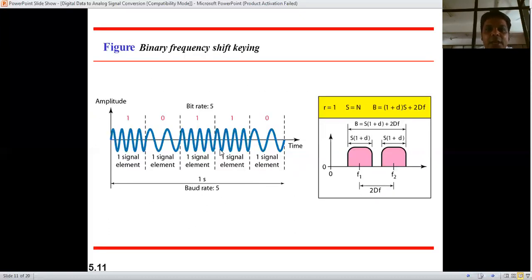Here you can see that in frequency shift keying we are also multiplexing a carrier frequency with the original digital signal, and the result will be an analog signal. But remember, here the carrier signal's frequency and the digital signal's frequency get multiplexed instead of amplitude.